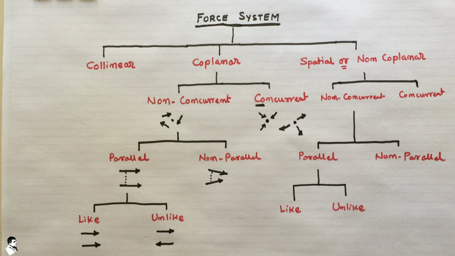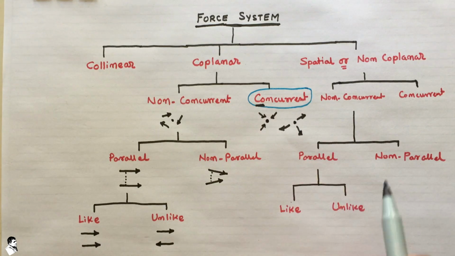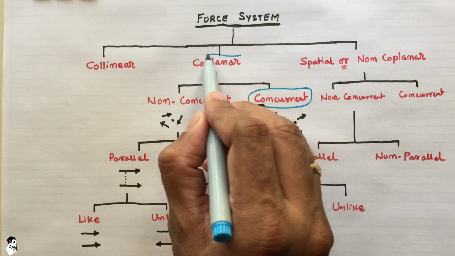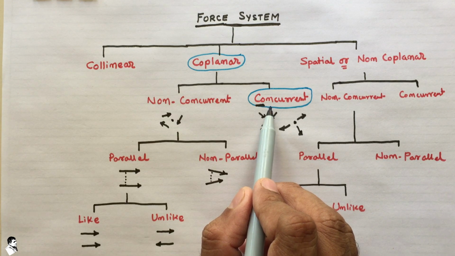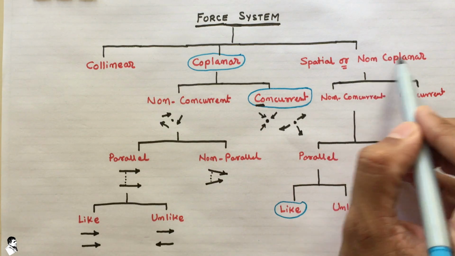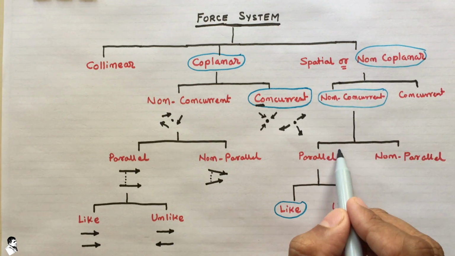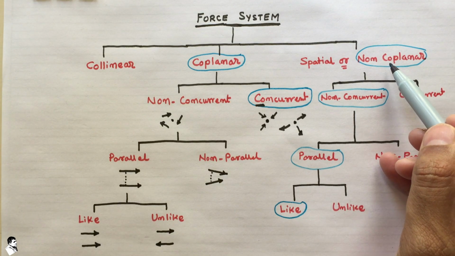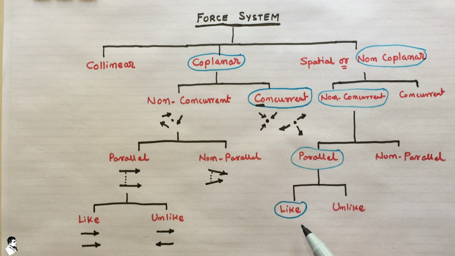Now if we talk about a particular force system, if we take this one as well as this one, this is a combination of coplanar concurrent force system, and starting with this one and this one, this system we just known as non-coplanar non-concurrent parallel like system, right?